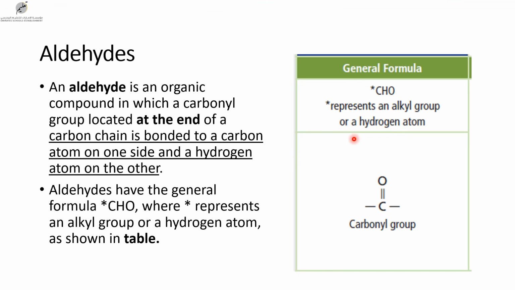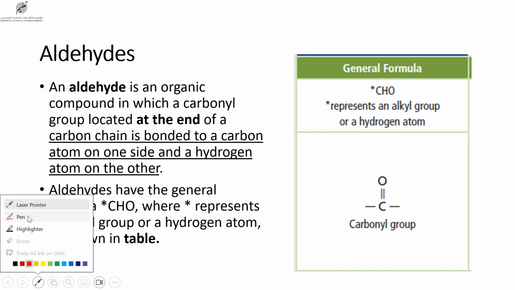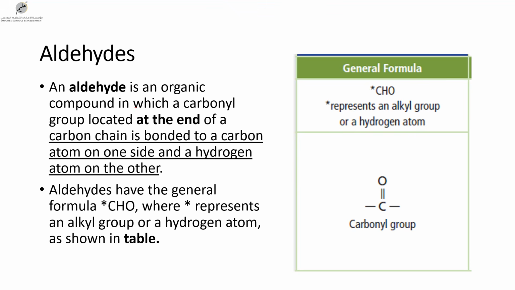Now, the first type of carbonyl compounds is an aldehyde. Now, what's an aldehyde? Aldehyde is an organic compound in which a carbonyl group located at the end of a carbon chain is bonded to a carbon atom on one side and a hydrogen atom on the other side. So what does that look like? It would look like this.